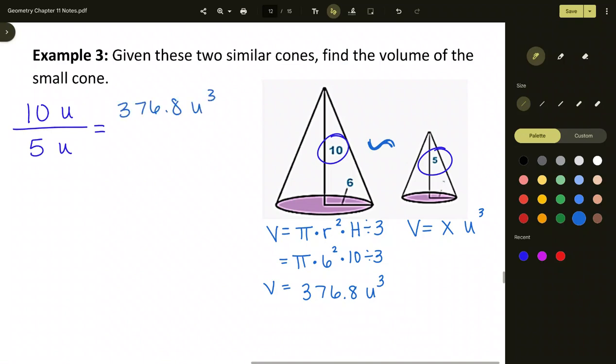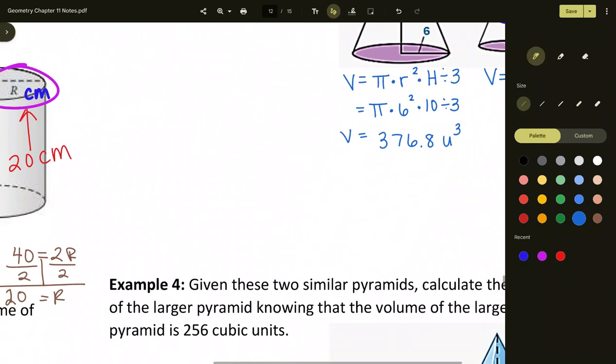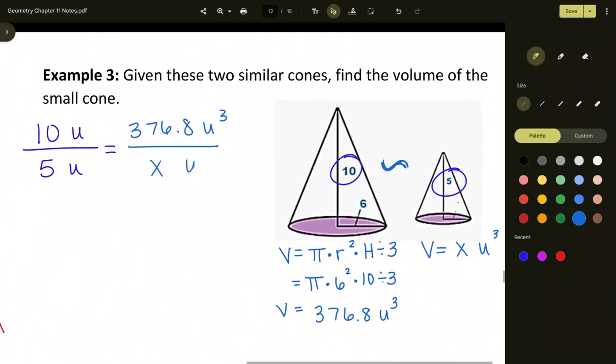376.8 units cubed compared to unknown units cubed. Now again, we are looking for the volume, units cubed, so it just makes sense to make everything cubed. So I'm going to cube my heights. 10 to the power of 3 is 1,000 again. 5 to the power of 3 is 125.